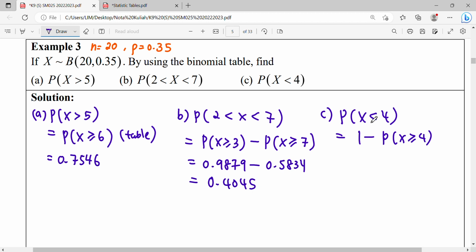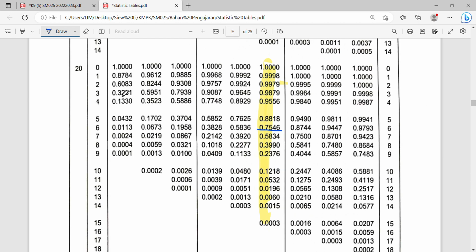X, random variable X ni tak termasuk dalam sini. 4 tak termasuk. Saya boleh keluarkan. So, table of 4. Look, and table of 4, reading of 4, sample 20, 8, 9, 5, 5, 6.